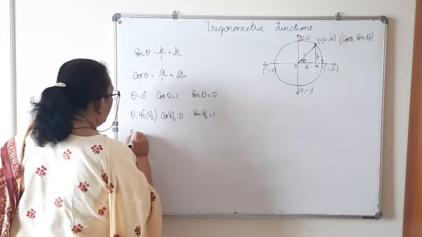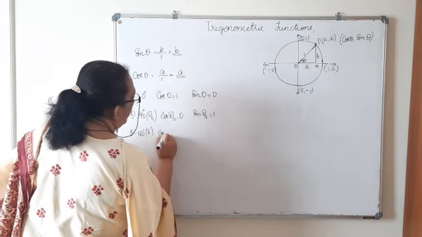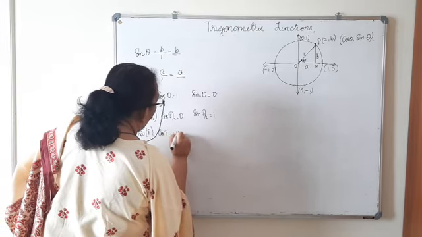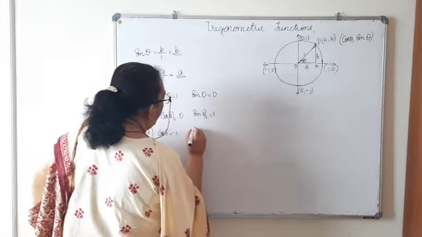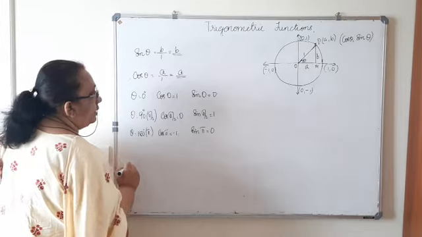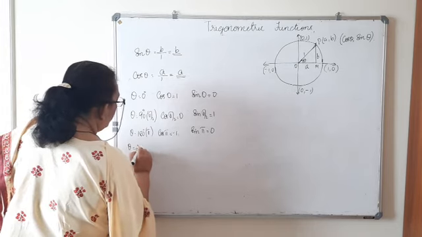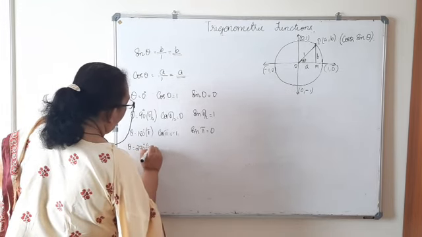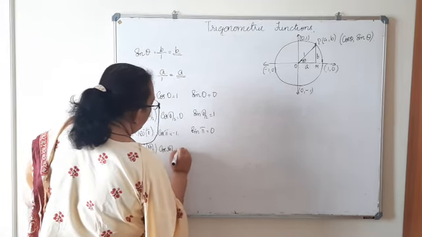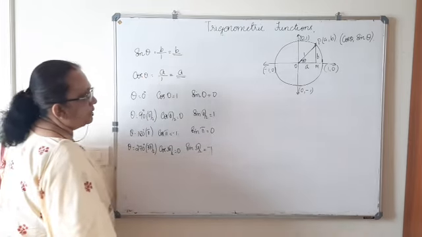Now, when theta is equal to 180 degrees or pi, cos pi is equal to minus 1 and sin pi is equal to 0. When theta is equal to 270 degrees or 3 pi by 2, cos 3 pi by 2 is equal to 0 and sin 3 pi by 2 is equal to minus 1.